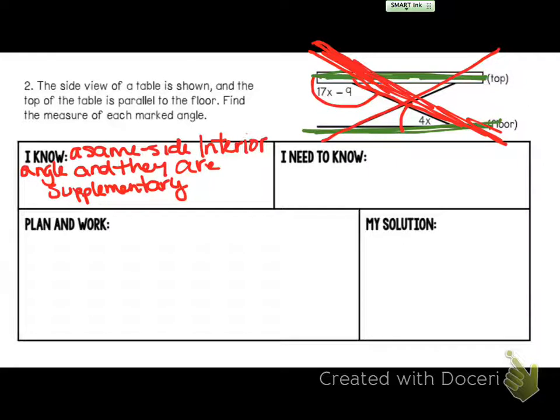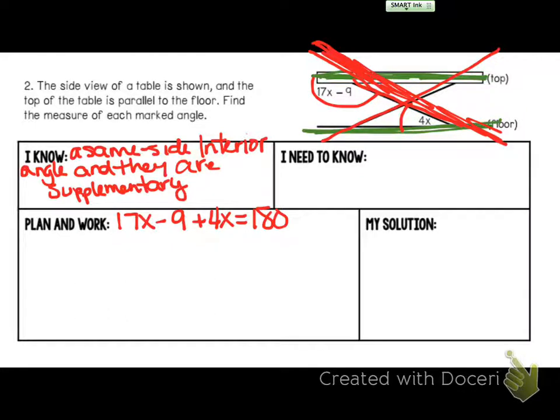So let's set it up this way. Let's say 17x minus 9 plus 4x equals 180. Is everybody following along? Why would I have said 17x minus 9 plus 4x?